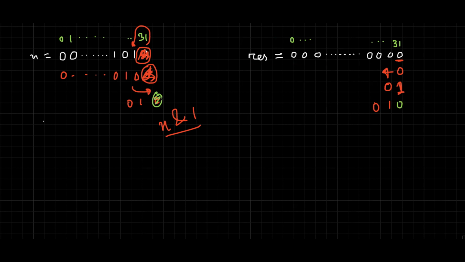Now again this will be discarded and we will again right shift these 2 bits 0 and 1. So the 1 will be placed here. So again we will left shift all of the bits. Now 1 will be placed here.